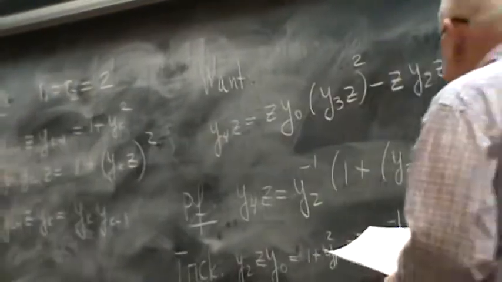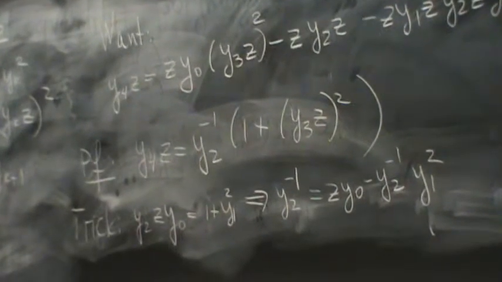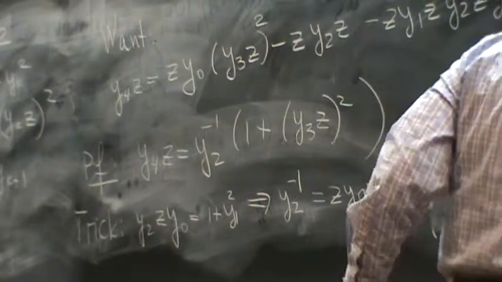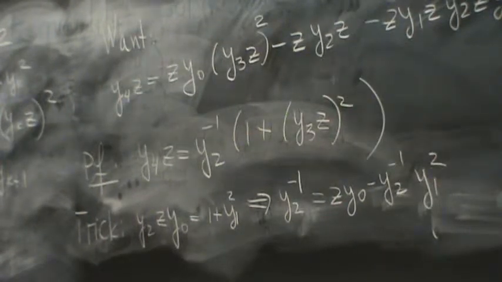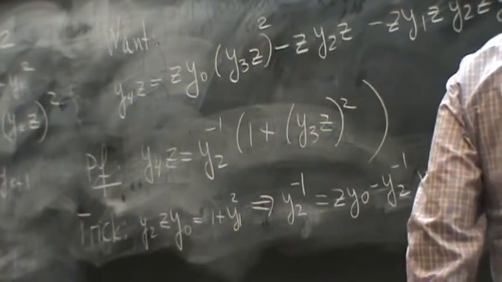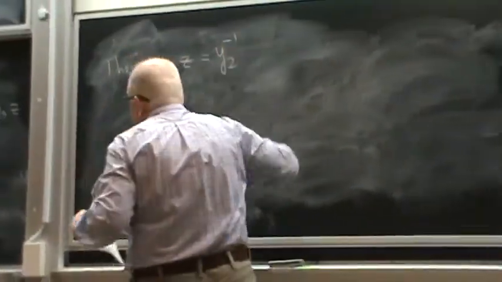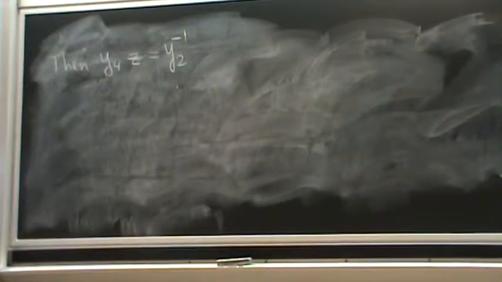Let's go. Then y4 times z can be minus 1, comes from here.